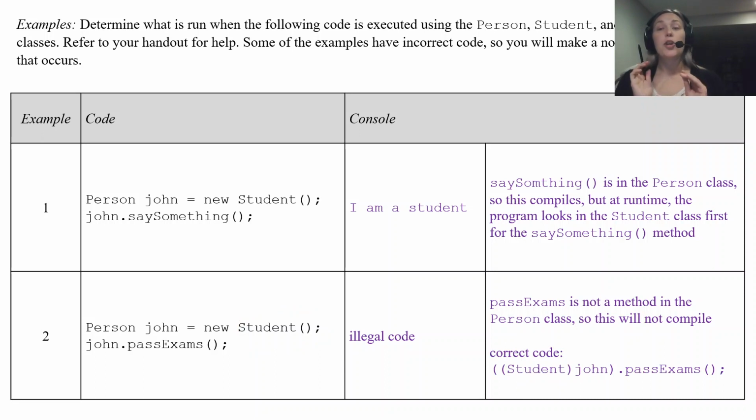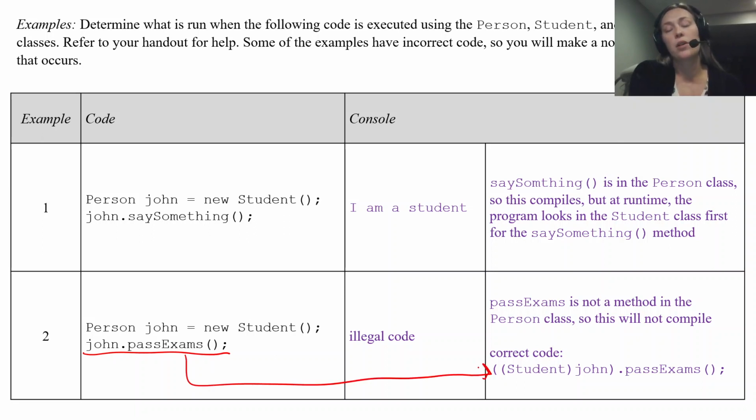The correct way to downcast is, instead of doing John.passExams, we have this. We cast, kind of like how we would cast a double into an int. We put in parentheses Student right before our reference variable of John.